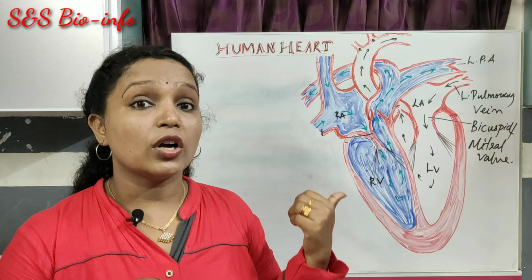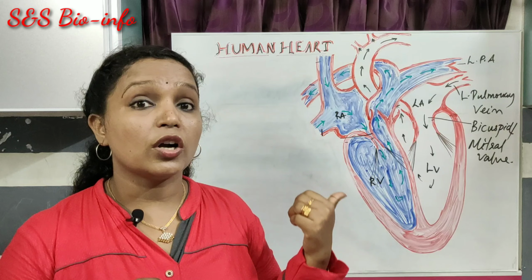Next, let's familiarize the walls of the human heart. Walls or septum of the human heart. Suppose these are the 4 chambers of human heart: right atrium, left atrium, right ventricle and the left ventricle.